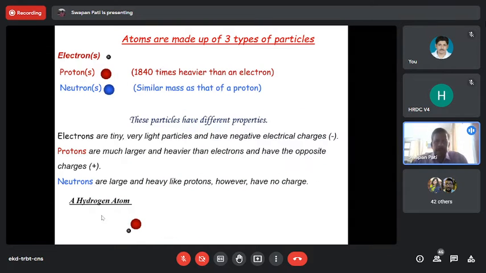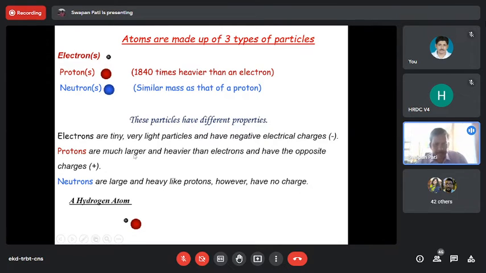Atoms are made up of 3 types of particles: electrons, which are tiny particles; protons, which are 1840 times heavier than the electron; and neutrons of similar mass to the proton. These 3 particles have different properties. Electrons are tiny, very light particles with negative electrical charge. In fact, they are fermions and obey Fermi-Dirac statistics.